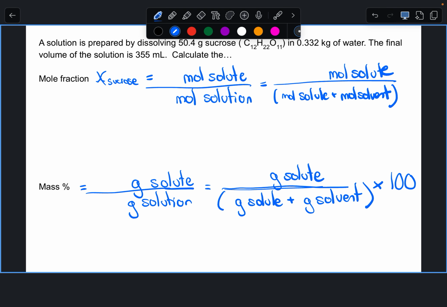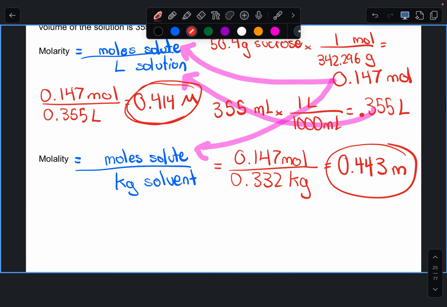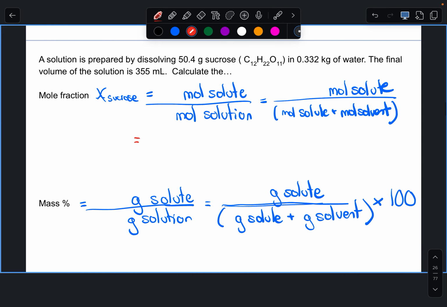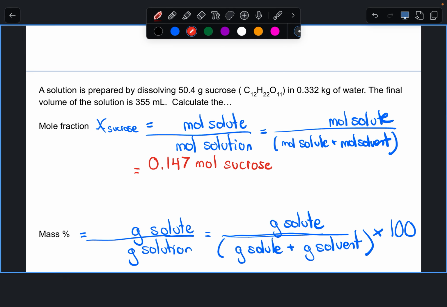Okay, so I'll go ahead and start solving that out. And feel free to use the stuff that you have from before. So the 0.147 moles of the sucrose. But now I'm also going to have to convert this 0.332 kilograms of water into moles of water, because that's my solvent there.